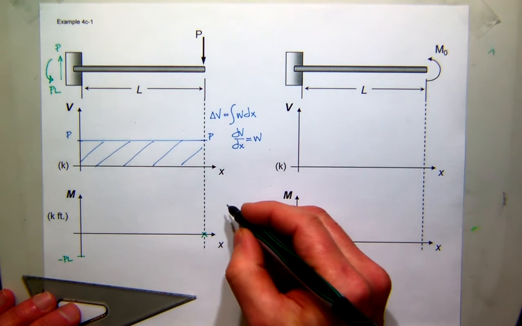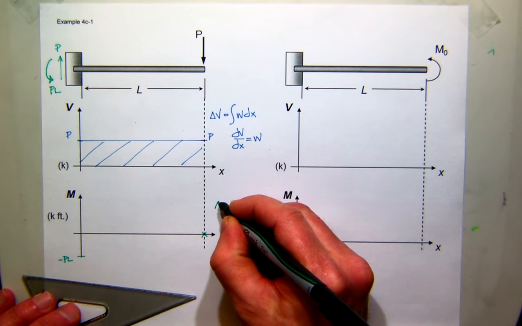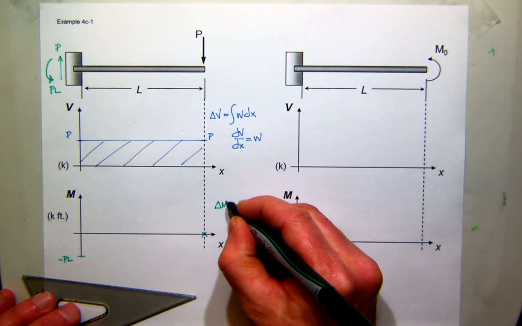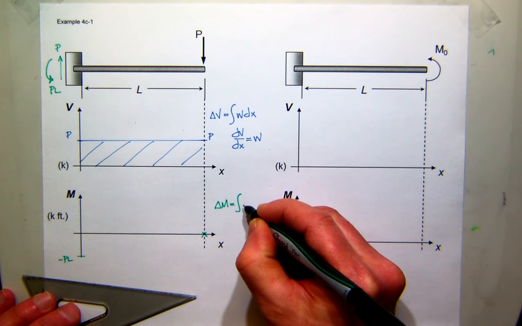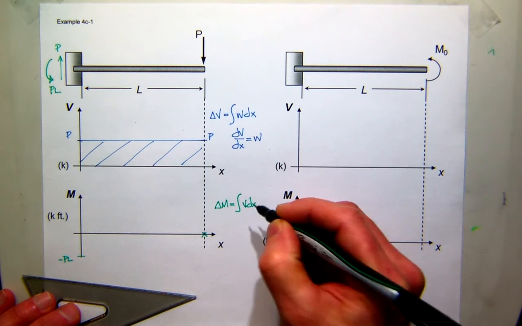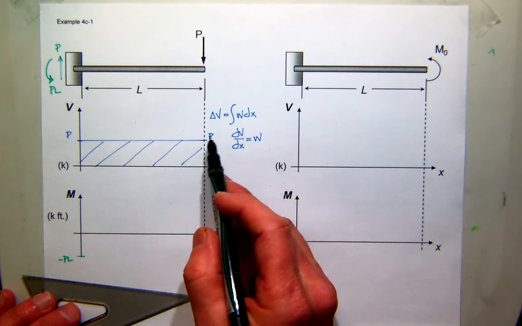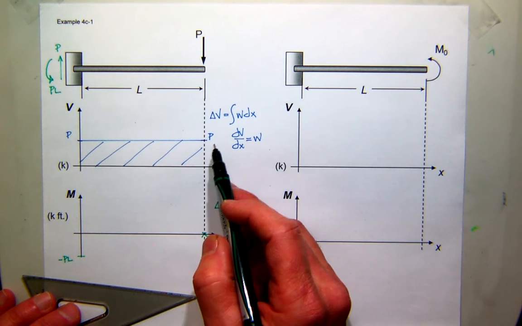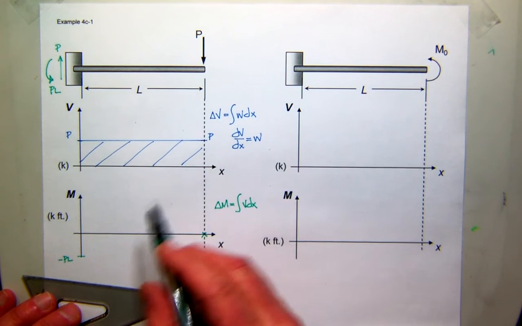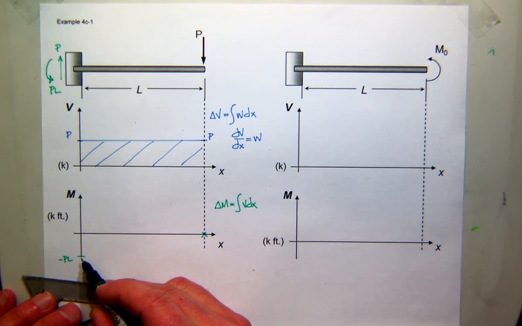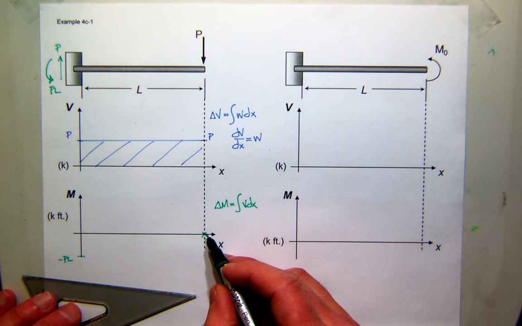Now, according to my derivative information, the change in moment is the area under the shear diagram. What is the area under the shear diagram? It's a rectangle, so it's just length L times P, that's positive. So if I start at negative PL and add PL, I get 0.